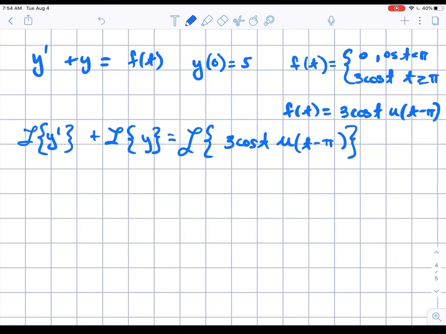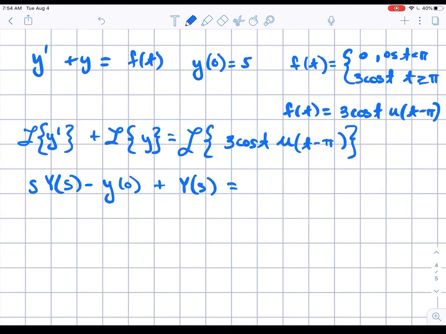So we'll get, just using our rules, s times capital Y of s minus y of 0 plus capital Y of s equals, and now use your rules here with this 3 cosine t.